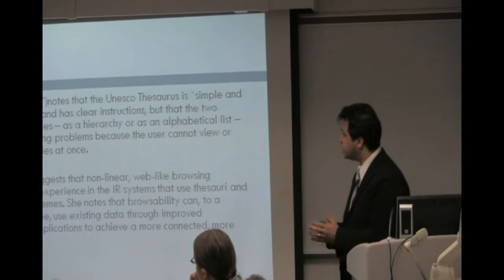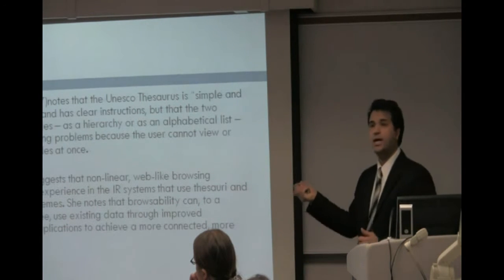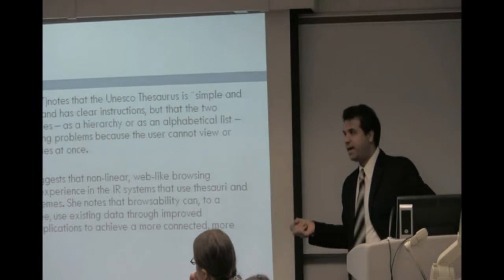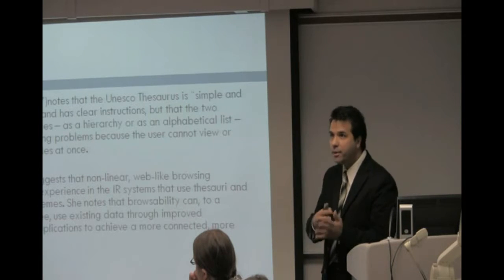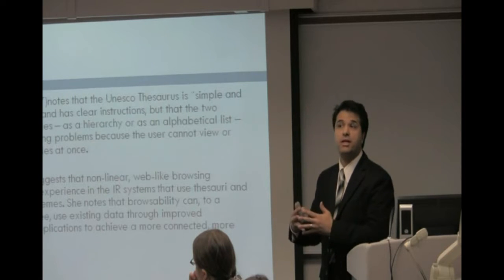So it would be useful to use the power of browsing, and particularly she talks about related terms, and the fact that the types of related terms in thesauri are very limited, right?